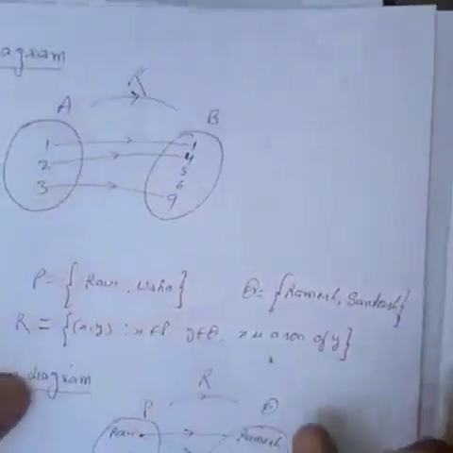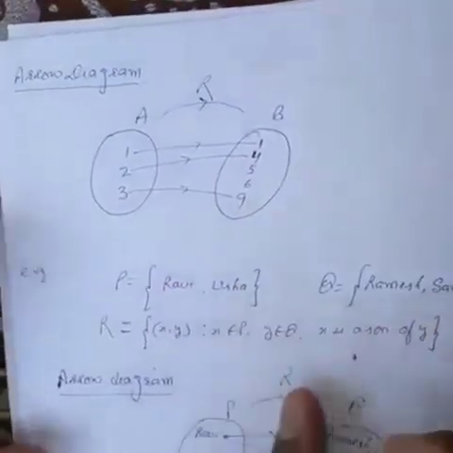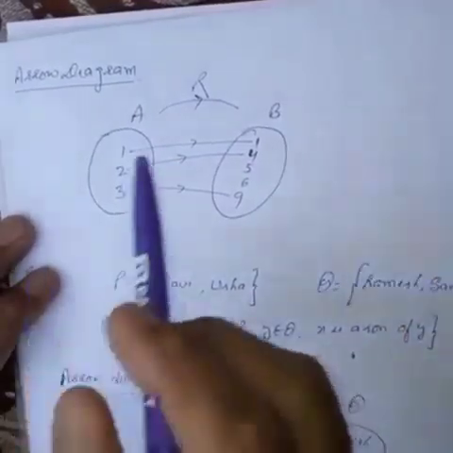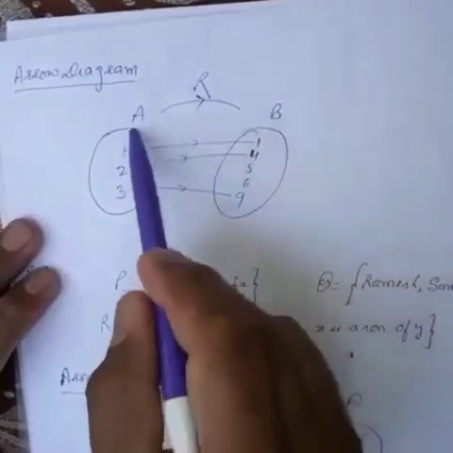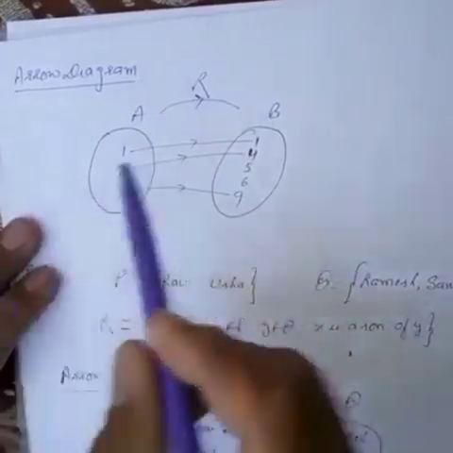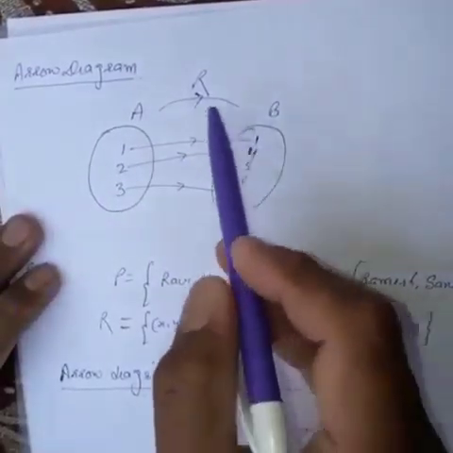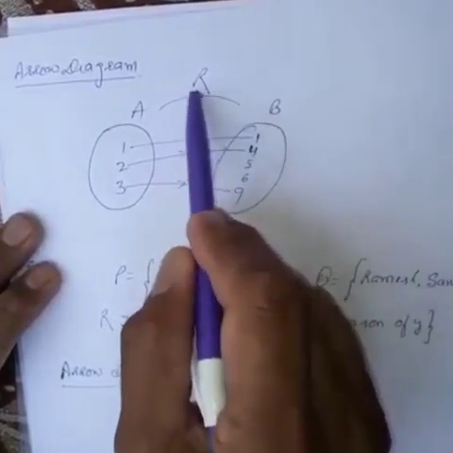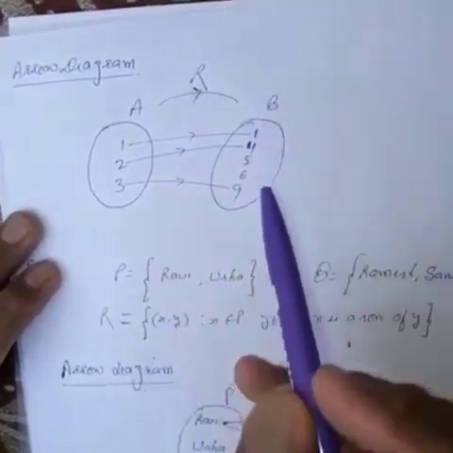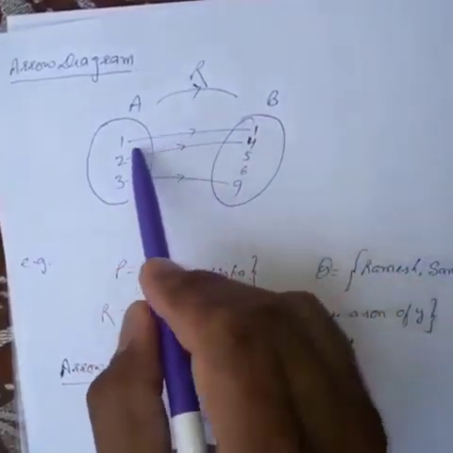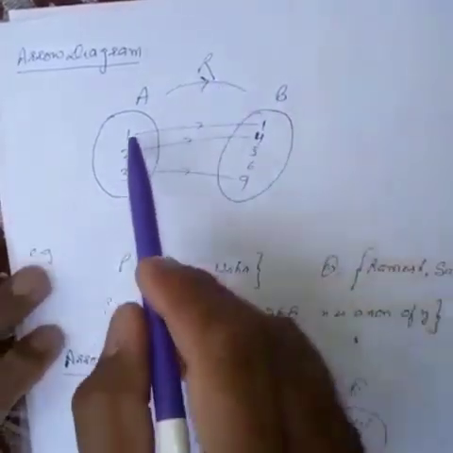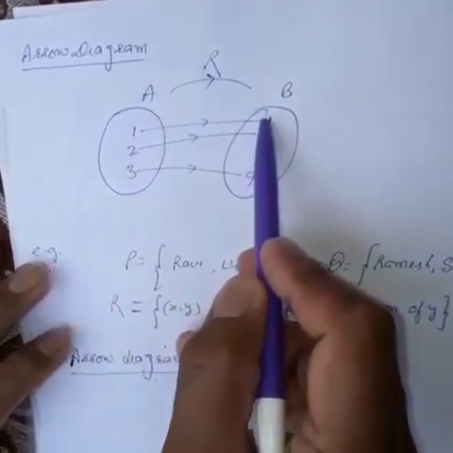Now you try to understand the arrow diagram. How can this relation be represented? Now set A and set B, A containing the elements 1, 2, 3, and similarly the elements of B. R is a relation from A to B, so the arrow should be towards B. And we will write down the pairing which satisfies the condition. So 1 is paired with 1.